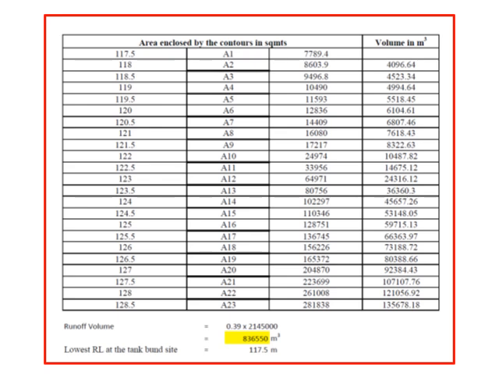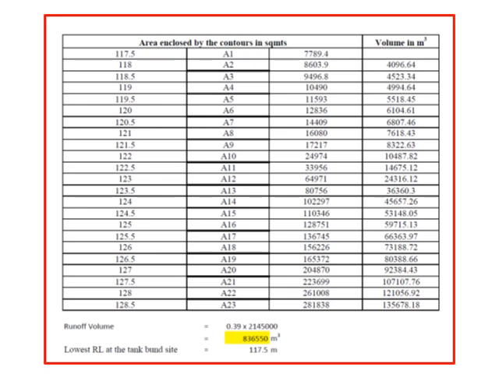Knowing each of these areas, A1, A2 to A23, we can find the volume generated between two successive contours. The contour interval between two successive contours is 0.5. So the volume is one third of A1 plus A2 plus root of A1 A2, close the bracket, multiplied by h, that is 0.5. So we get the volume 4096.